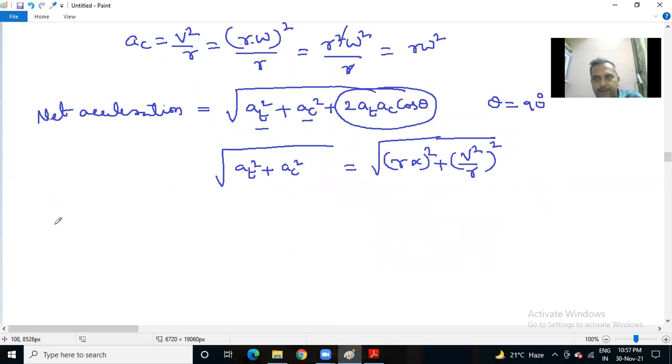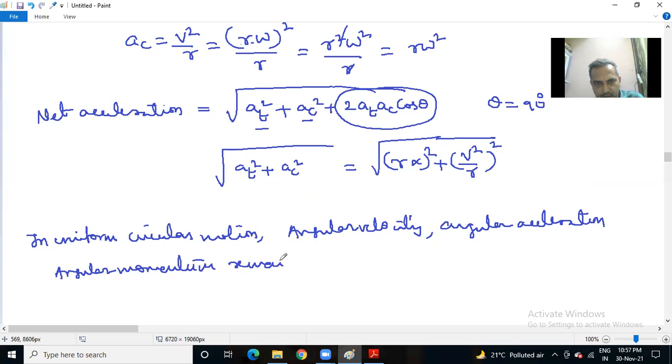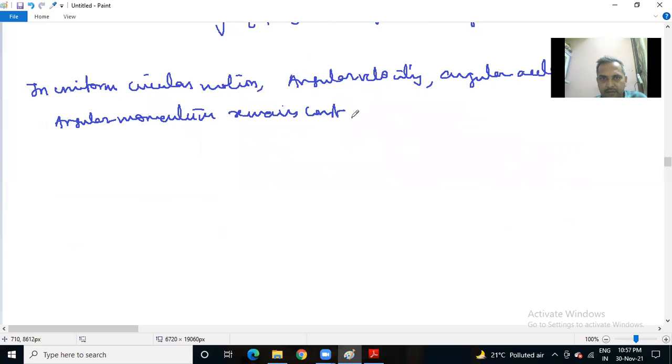Then the last point is, in uniform circular motion, angular velocity, angular acceleration, and angular momentum remain constant, whereas linear velocity and acceleration, so this is tangential acceleration, you can say, do not remain constant.